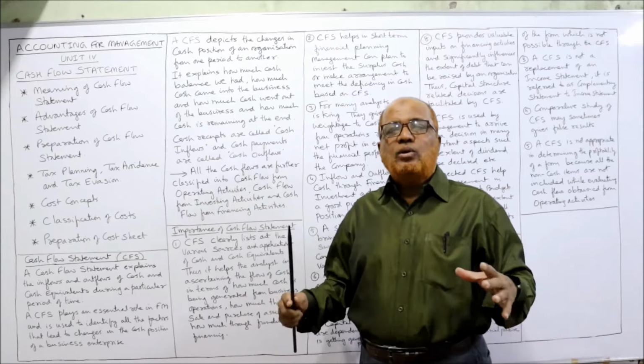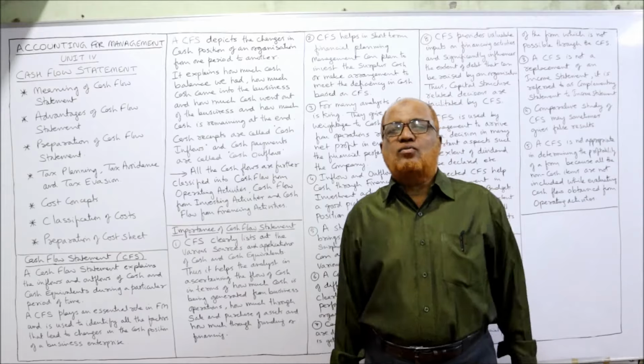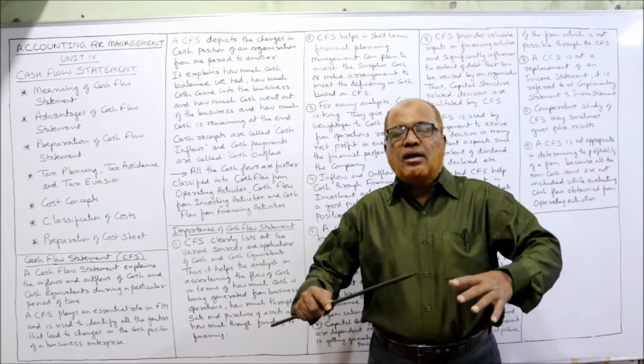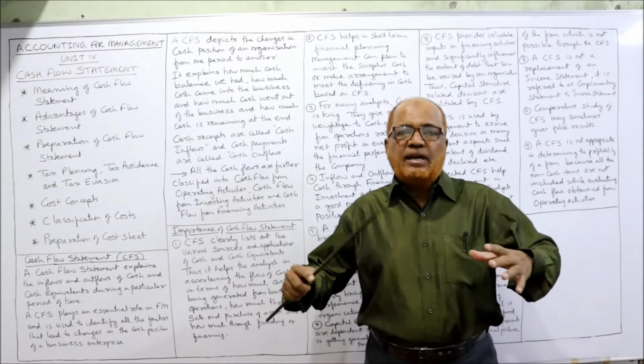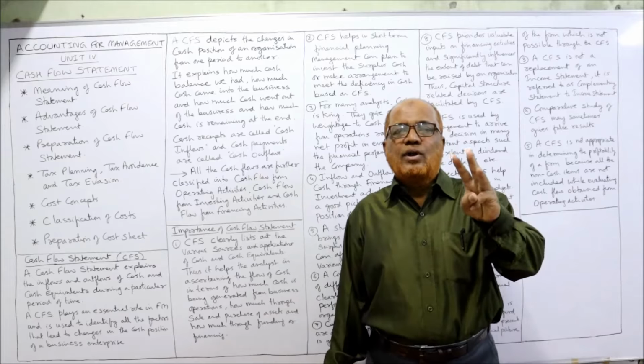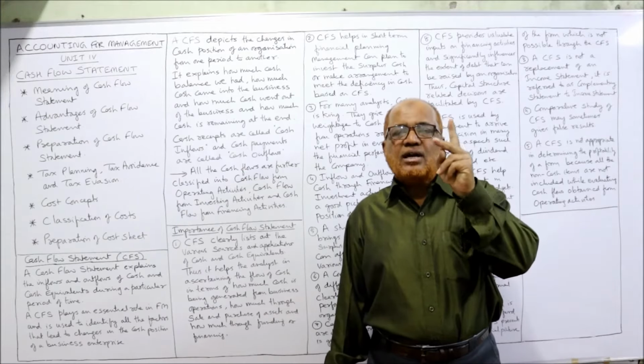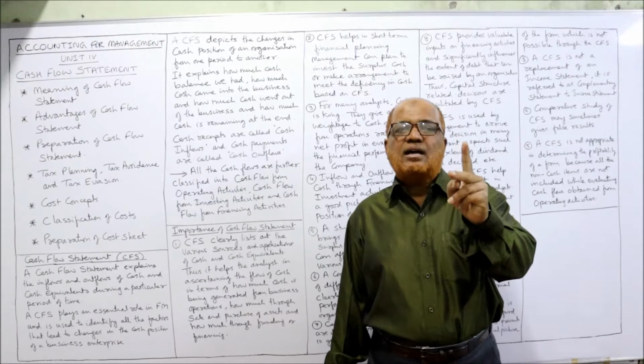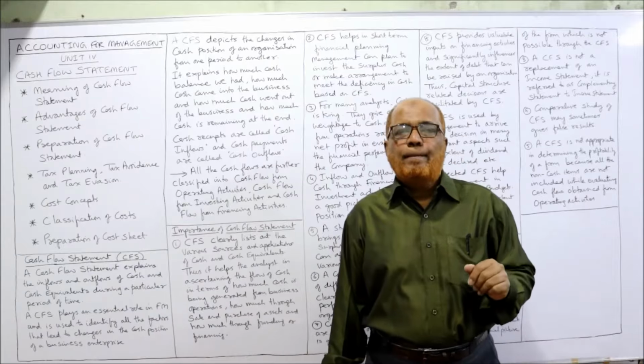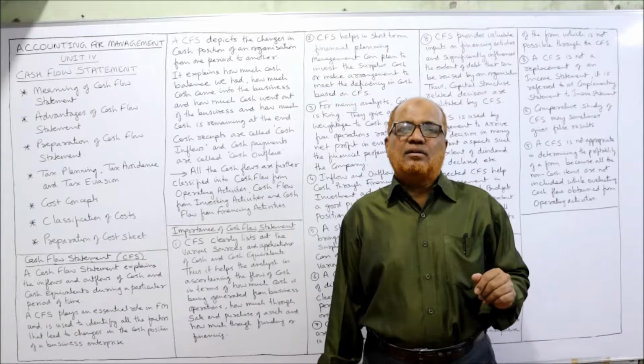According to the new technique of preparing the cash flow statement, all the cash flows will be categorized into three: cash flows from operating activity, cash flow from investing activity, and cash flow from financing activity.